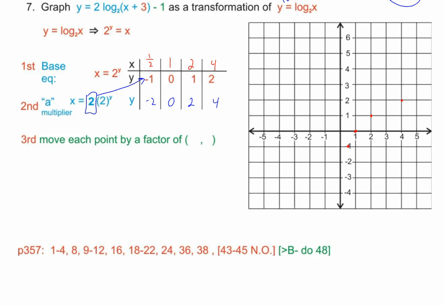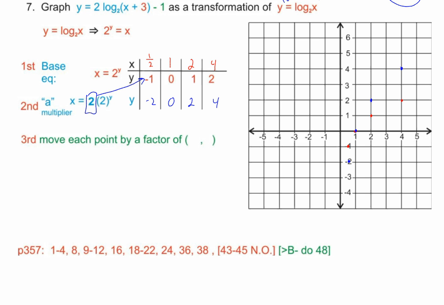So now in blue, I'm going to do those points. 1/2, negative 2. 1, 0 is still 0, same place. 2 is now 2, and 4 is now 4. Now we're working off the red dots. A little tricky, I know, but that's okay.